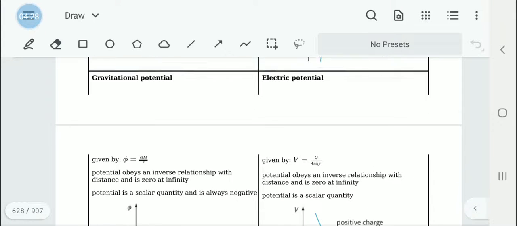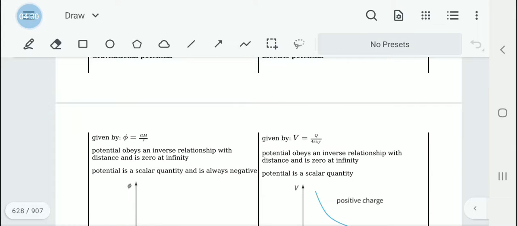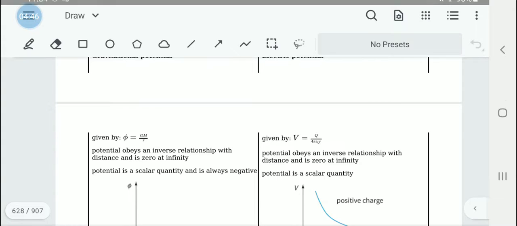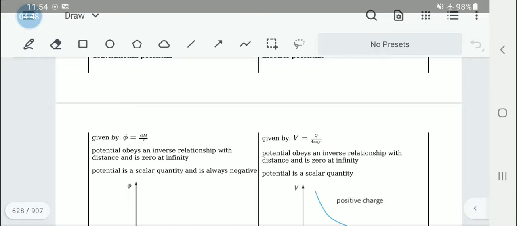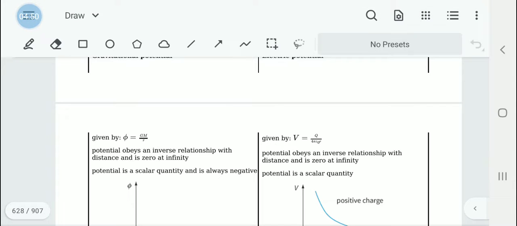Then gravitational potential and electric potential have their own equations: G M upon r and Q upon 4 pi epsilon O r. Potential is a scalar quantity, and gravitational potential is always negative.